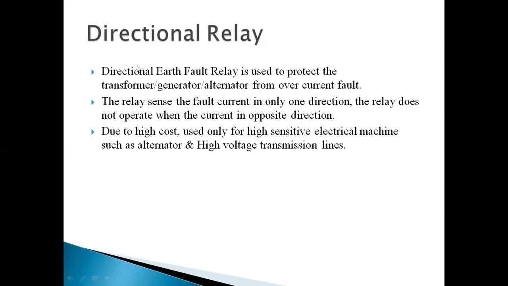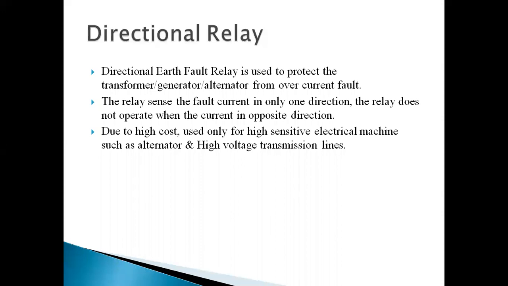It has two components: a directional element and a non-directional element. When the current is flowing in one direction only, the relay will sense that the current is flowing in one direction only.